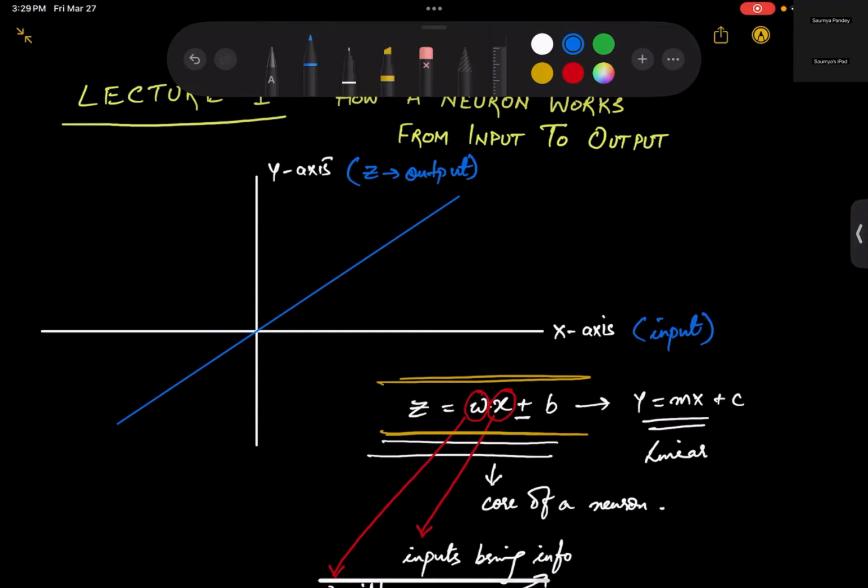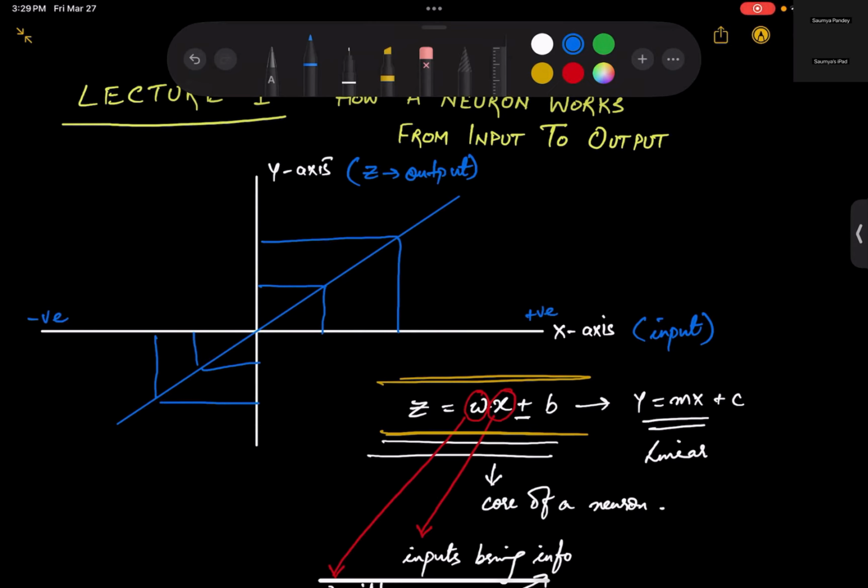So you see here, as the input is changing, the signal is also changing, right? Now this is negative and this is positive.